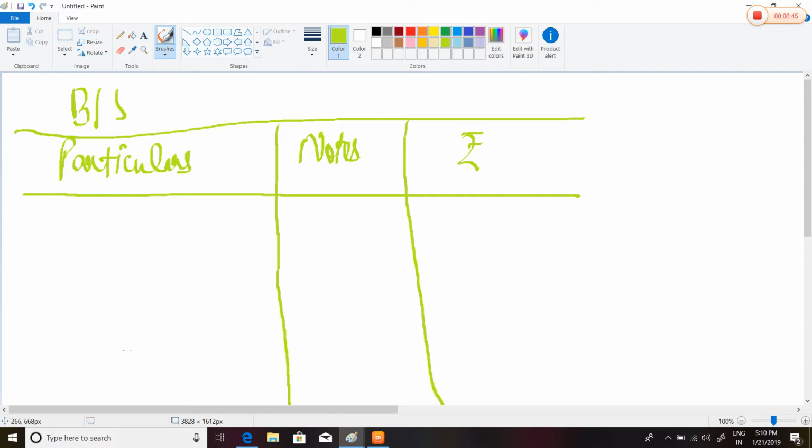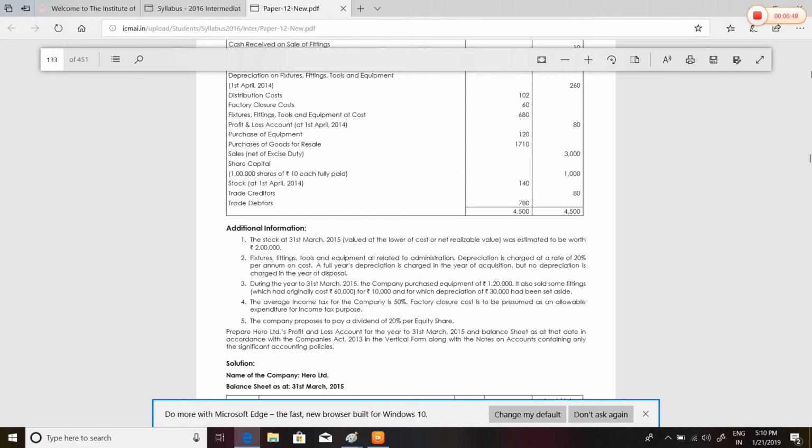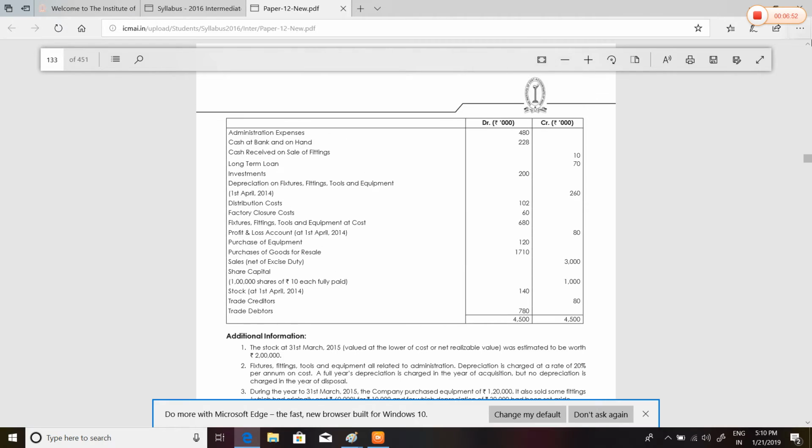Now let's begin. See, administration expenses 480, cash at bank and on hand 228, cash received on sale of fittings 10, long term loan 70, investments 200, depreciation on furniture fixtures and so on 260, distribution cost 102, factory closure cost 60, profit and loss account 680.